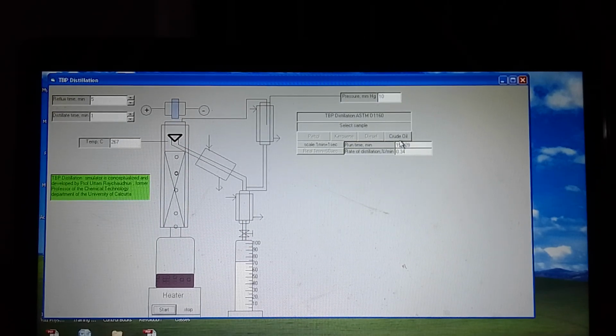So for a particular crude oil there is certain distillation data. Depending upon that, distillation columns are designed, or the quality of the products which will be coming out from the column on the industrial scale will also be ascertained from this TBP distillation.